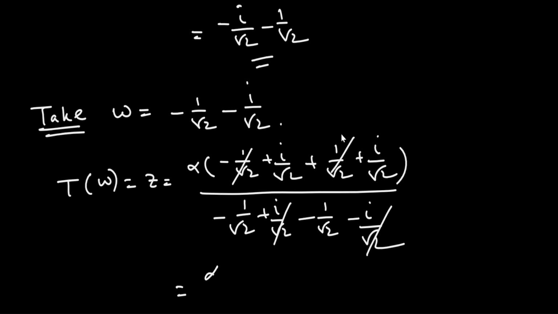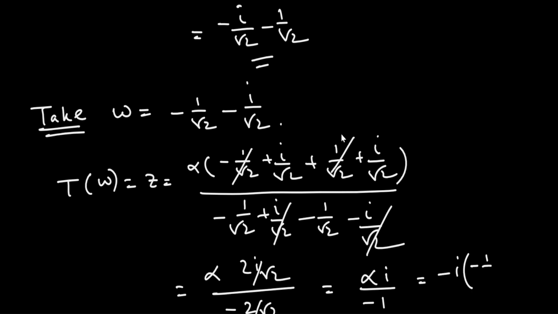So this is equal to alpha into 2 iota by root 2 divided by minus 2 by root 2. This is equal to iota alpha by minus 1, which is minus iota into minus 1 by root 2 plus iota by root 2.